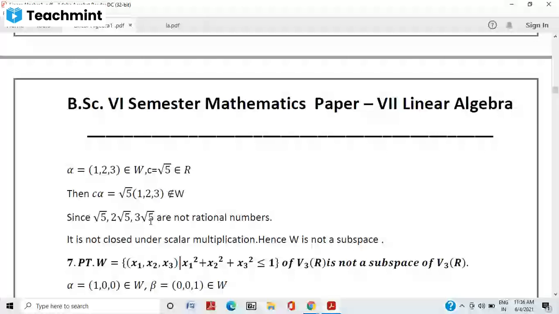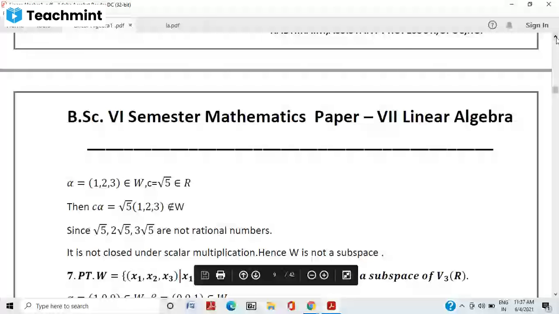But these are all irrational numbers, so it doesn't belong to W, because W means the set of all (x, y, z) where all the elements should be rational numbers. Here all the elements are irrational, so it doesn't belong to W. That is, it's not closed under scalar multiplication.